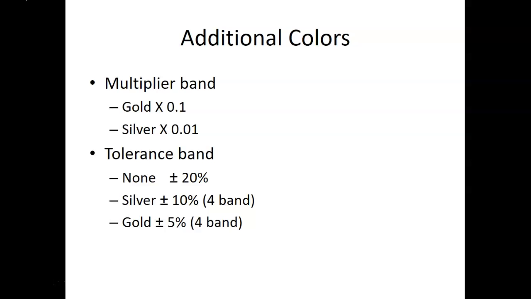It'll be within a range of it, but it will not be exactly 50 ohms. So that tolerance band allows for manufacturer error, but it also allows us to have a little bit of playroom whenever we're dealing with resistors. It makes it to where the tolerances for the creation of a circuit don't have to be so tight. So it kind of works in a couple of different ways.